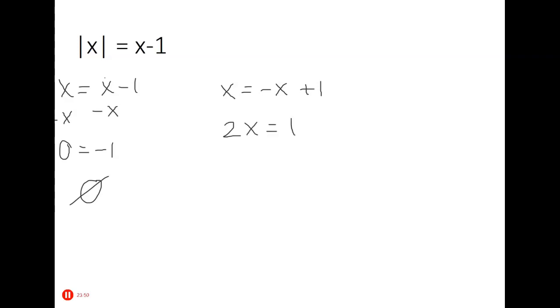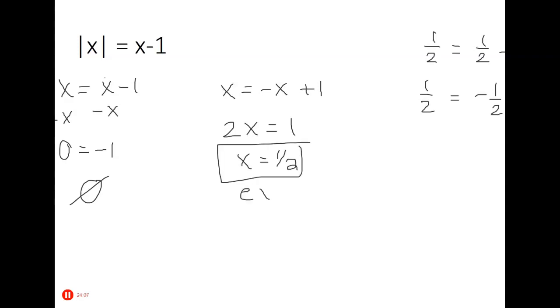Here we get 2x equals 1. So you get x equals 1/2. Checking that. We get 1/2 equals -1/2. So this is extraneous and fails. So since you had no solution on the left and an extraneous on the right, this equation has no solution.